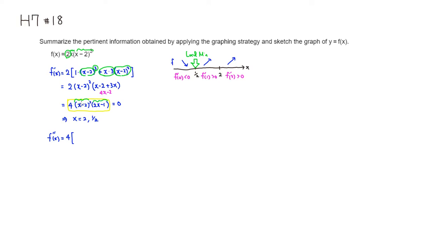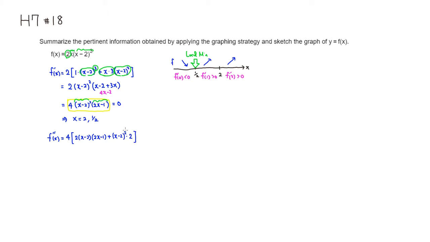The derivative of the first guy is 2 times the quantity x minus 2 to the first power, and the derivative inside is 1. So just that times the second, which is 2x minus 1, plus the first guy, x minus 2 squared.